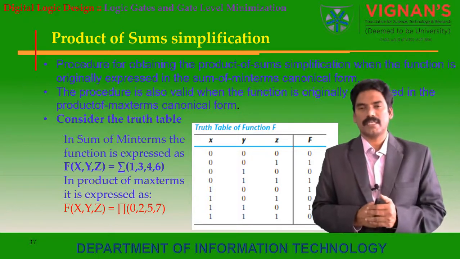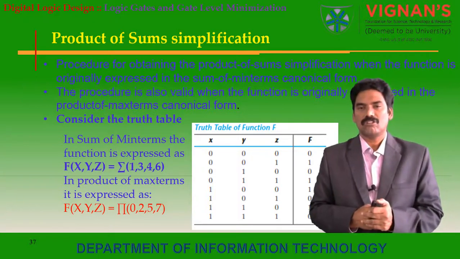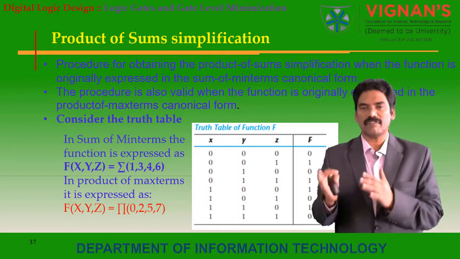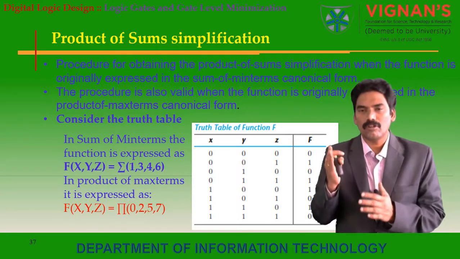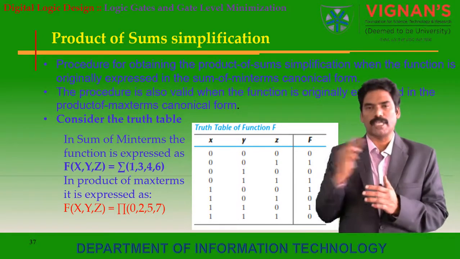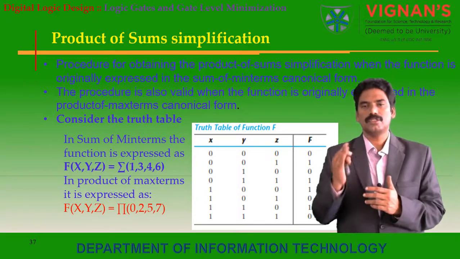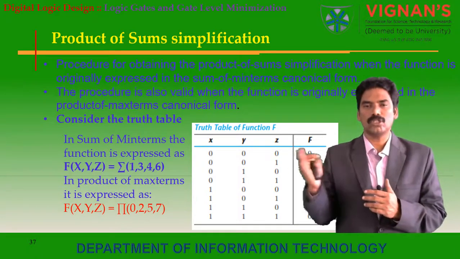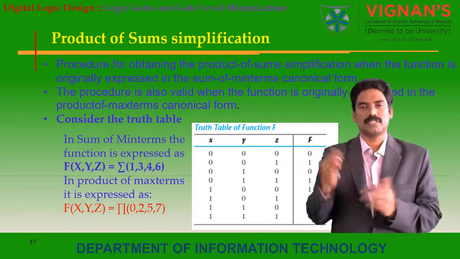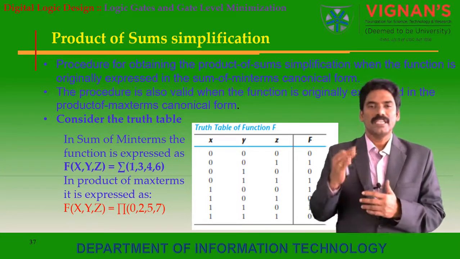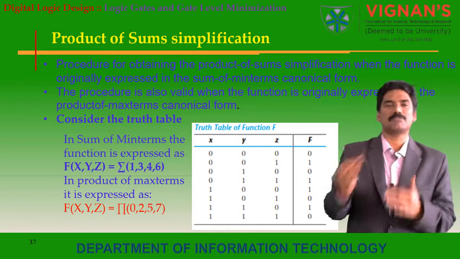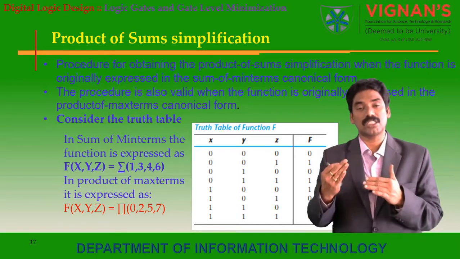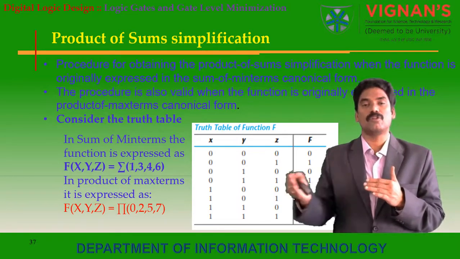Here 3 variables are there, and one output f. F is 1 in 4 cases. That is 0 0 1, 0 1 1, 1 0 0 and 1 1 0. That is 1, 3, 4, 6. In sum of minterms, the function is expressed as f of xyz is equal to sigma 1, 3, 4, 6.